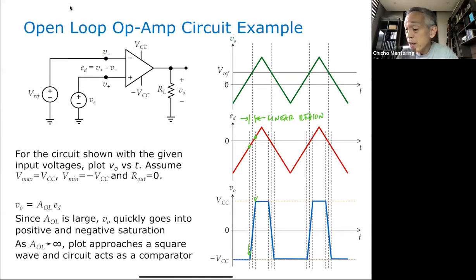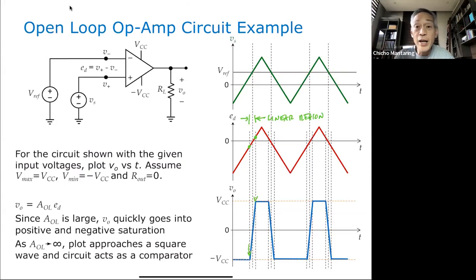Now, what will happen if A sub L approaches infinity? If A sub L approaches infinity, this linear region is going to become much thinner. In fact, it is going to be just a point. And this line is going to be a vertical line. And therefore, what is this circuit?